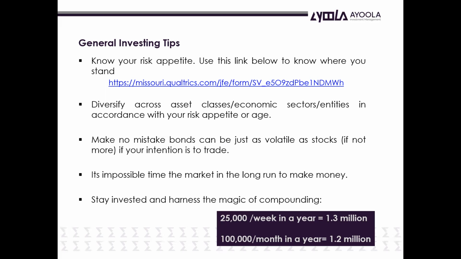I've put an example here on the screen. A lot of people don't realize this. The more frequently you save or invest, the higher it is. So if you put 100,000 Naira a month, in a year that will give you 1.2 million, or you save 25,000 Naira a week, which will give you 1.3 million. And meanwhile, we've not even started adding the interest component to this. So you can imagine what it's going to be.